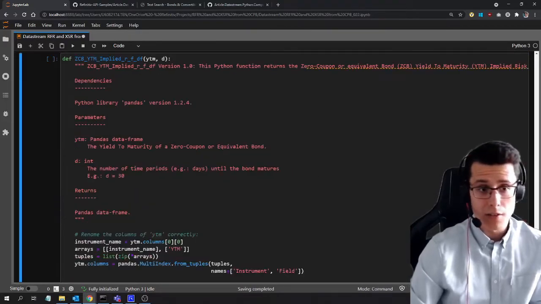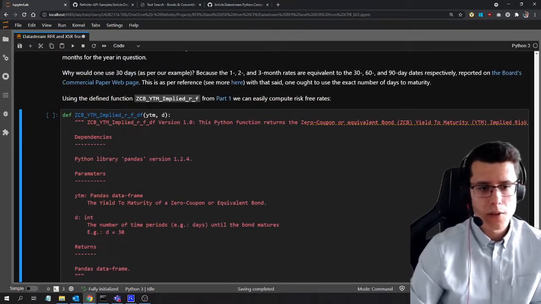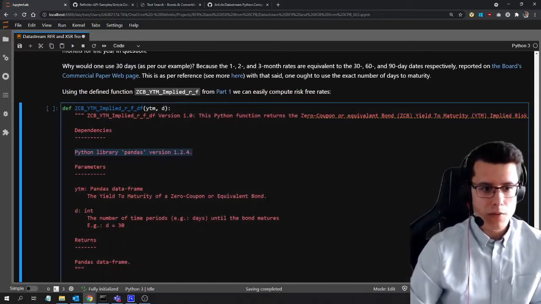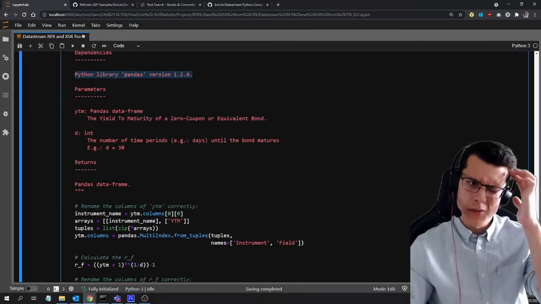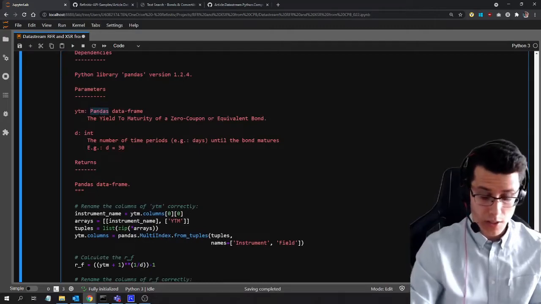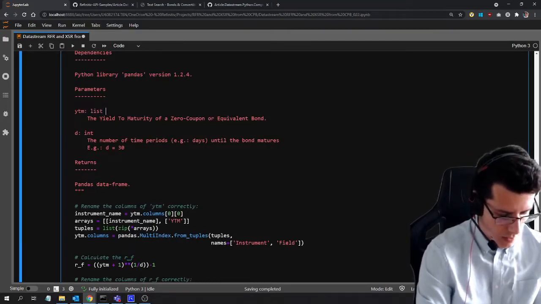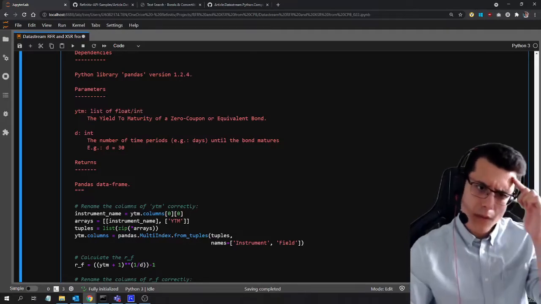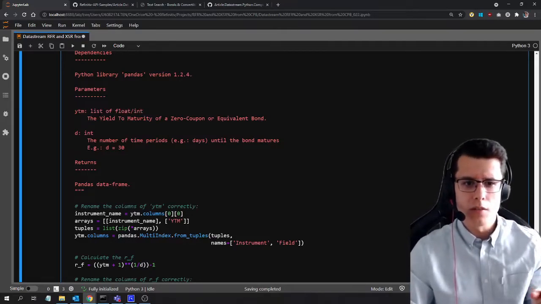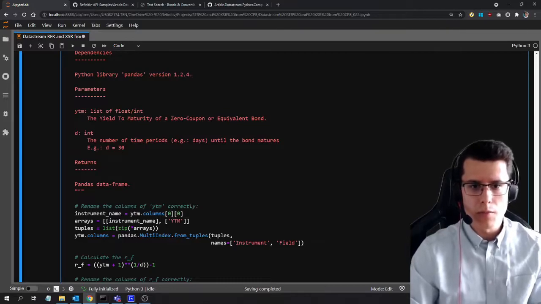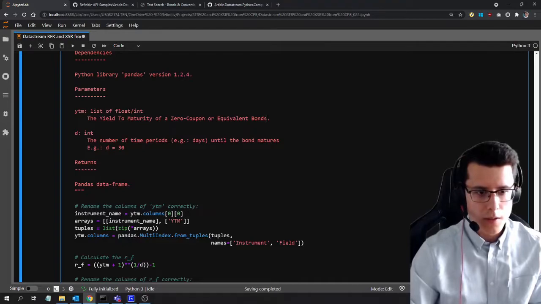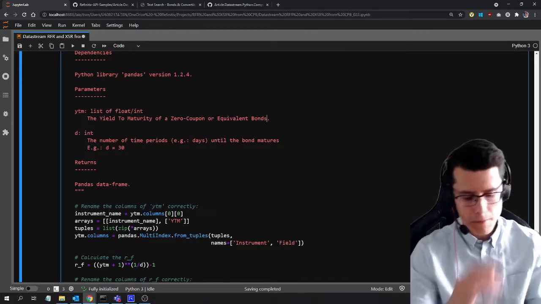So you can see how I delete cells. Just press D twice. We've got a dependency. We've got our parameters. Yes, that's fine. But we don't want it to be a pandas data frame. We want it to be just a list. List of float or integers. Yield to maturities of 0 coupon or equivalent bonds. Yes, that makes sense. Does it make sense?